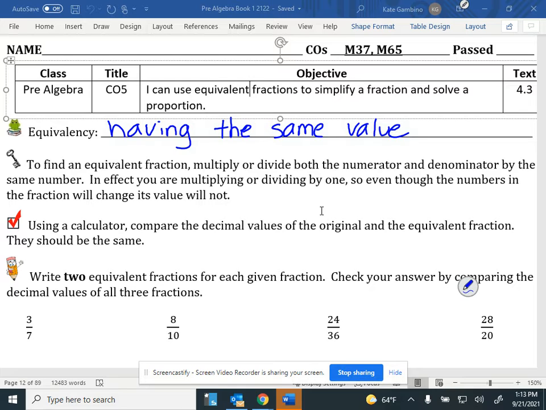So if our fraction was 8/10, the decimal of that would be what? 0.8. What is an equivalent fraction to 8/10? Andrea?